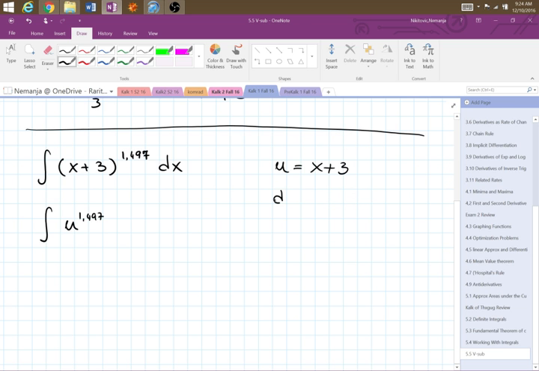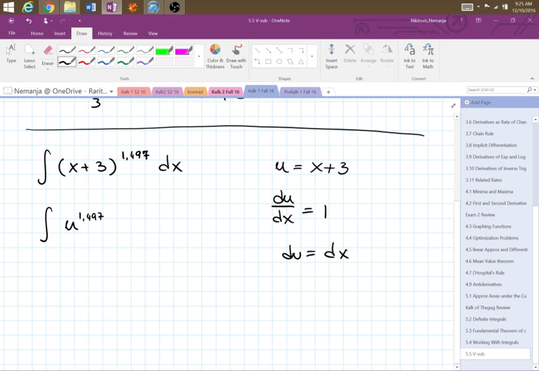So if I take the derivative, I will get du over dx is equal to 1, and then I will ship this dx to the other side. And in this particular problem, du is equal to dx.